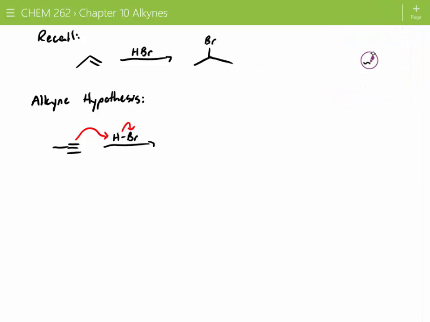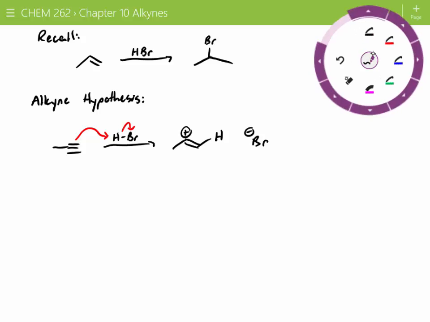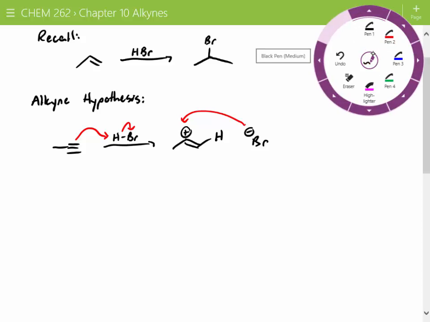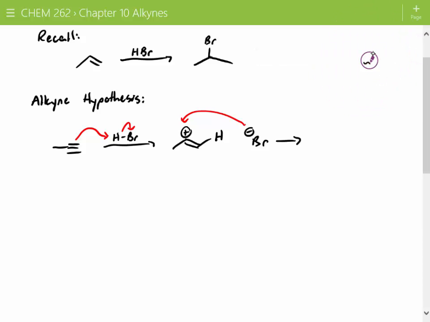And when you do that, ideally what you should observe is a hydrogen adding to the less substituted side, and you form a carbocation. Then you'd say, well, now we've got bromide around. This bromide should be able to add back in to that cation. And we should be left with our mono-halo product, right?